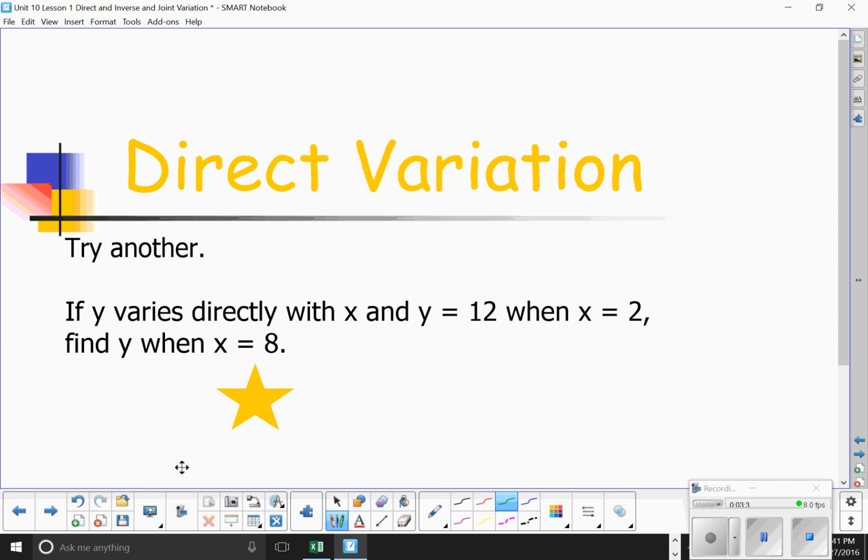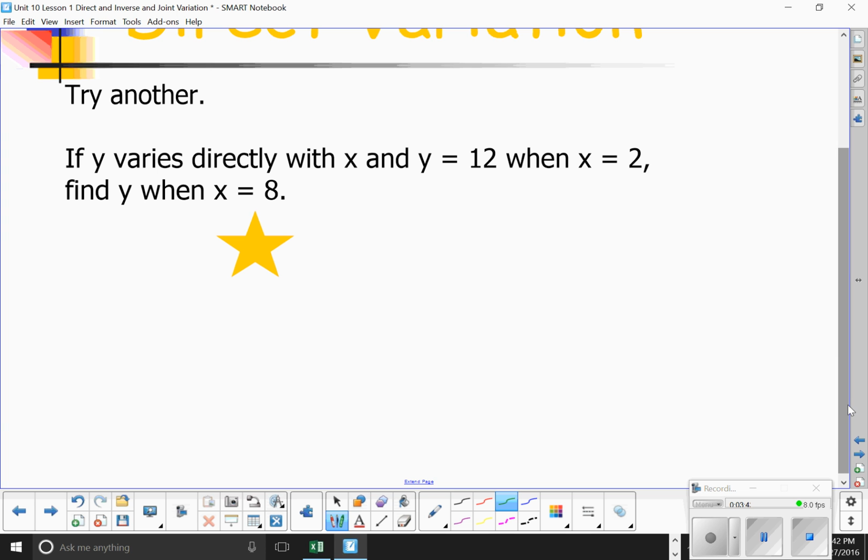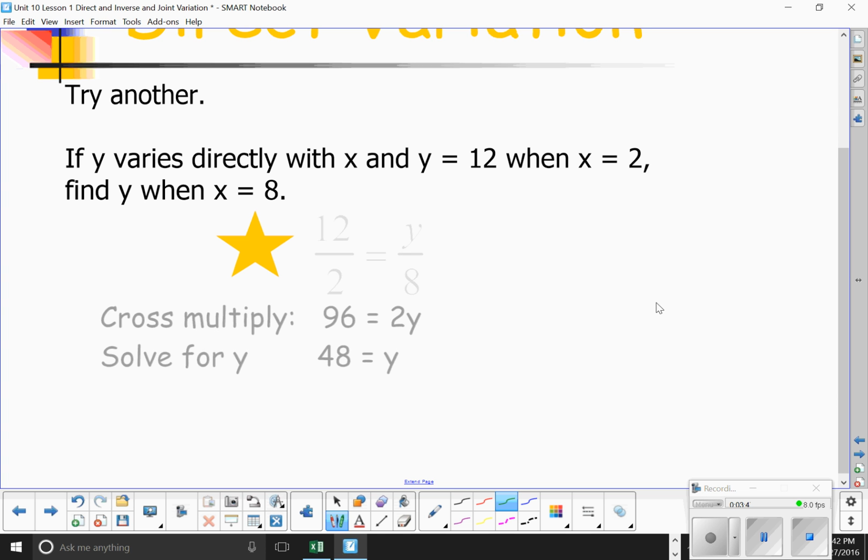Next up, try another. If y varies directly with x and y equals 12 when x equals 2, find y when x equals 8. Give it a try. Pause the video. You back? Great. Set it up, cross multiply, solve for y.